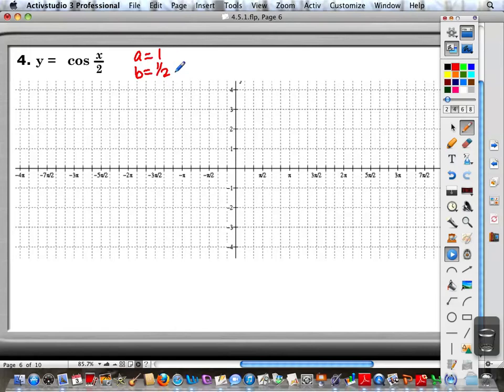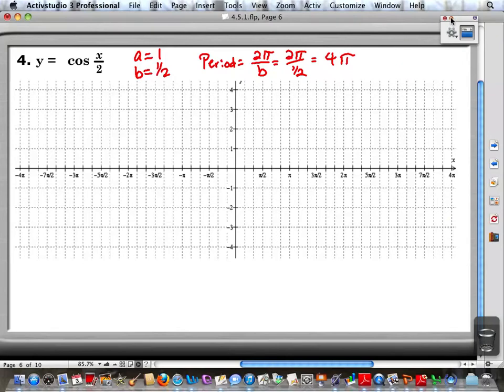Okay? So in order to find my period, I take 2 pi divided by b. So 2 pi divided by 1/2 means my period is going to be 4 pi. Which means I'm going to get all the way out to 4 pi before my graph starts to repeat itself.